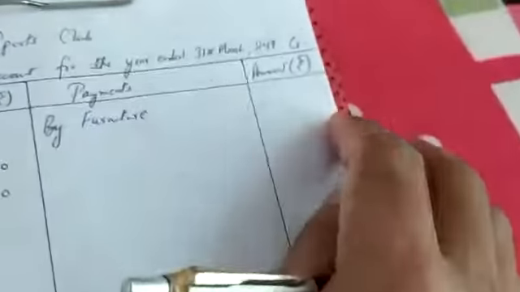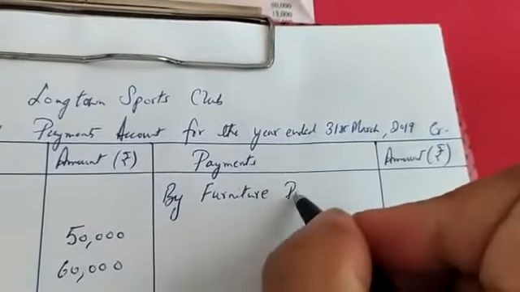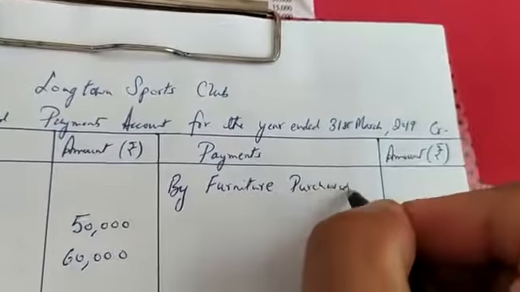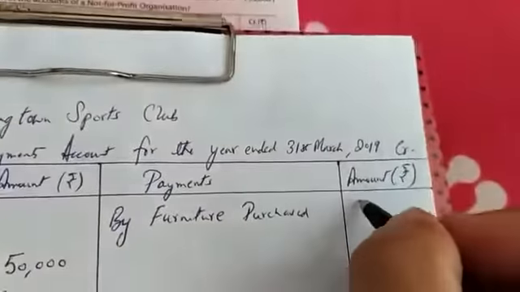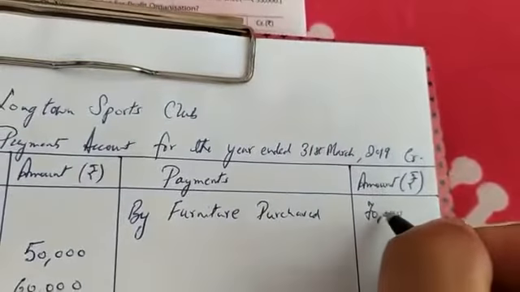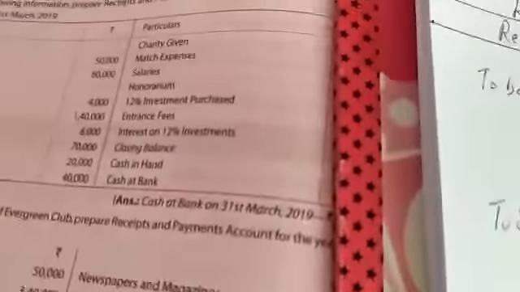The next being furniture purchase. Now furniture purchase will be a form of payment. So by furniture purchased, 70,000 is the amount. What follows is general donation.